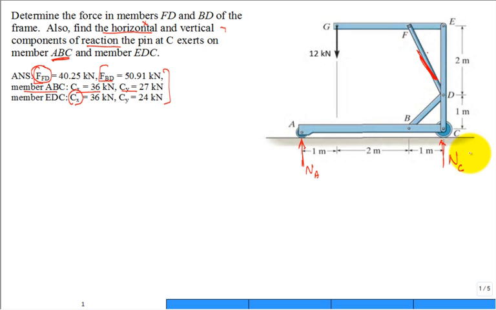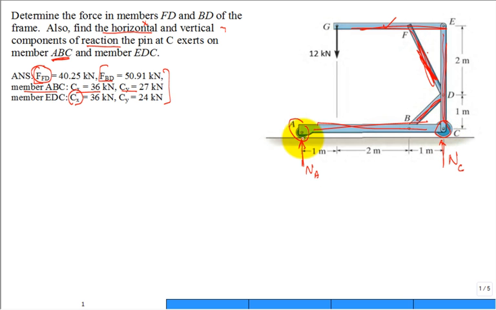Now, this frame includes all of member GFE, all of member F to D, all of member EDC. You're kind of saying, isn't that obvious? But now I'm getting to the point I really want to get to. It also includes the entire wheel at A and the entire wheel at C. That's part of my frame.